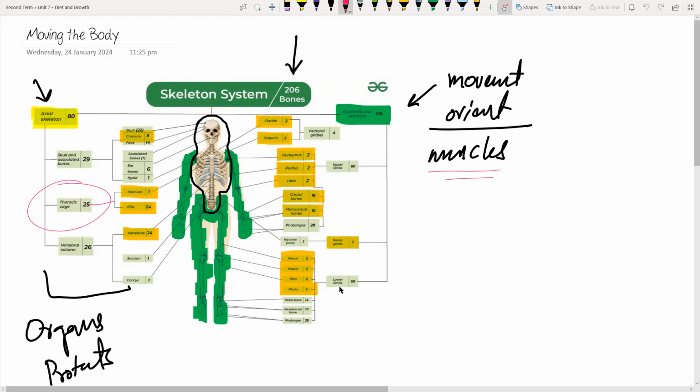In the lower limb, we have the femur, which is the major bone. Then we have the patella, which we call the kneecap. Then we have the tibia and fibula, which are these 2 bones in the lower part of your leg. And then we have the tarsal bones, which we call the ankle bones. It's a combination of bones that form the ankle and the movement assembly.